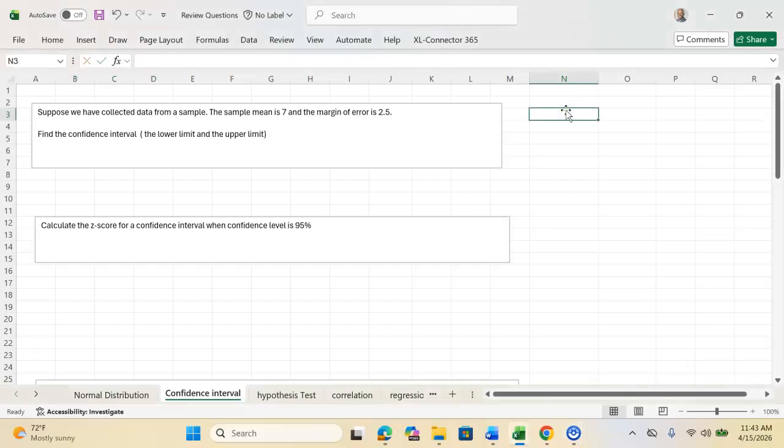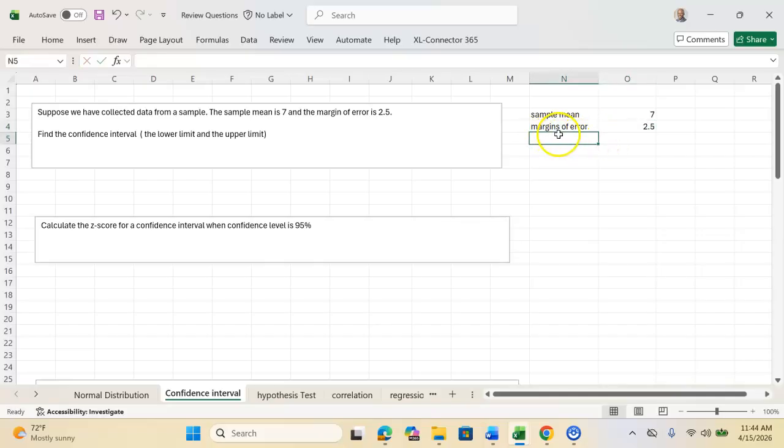So let's do our calculations on this side. We are given the sample mean, and also we are given the margin of error. So the sample mean is given as 7 and the margin of error is 2.5.